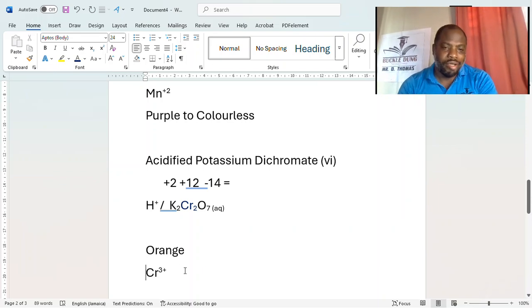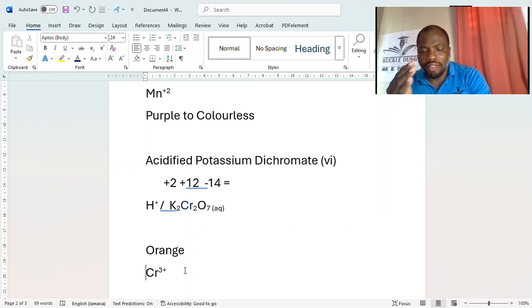And since it is orange, once you react another oxidizing agent with it, it's just going to remain orange.